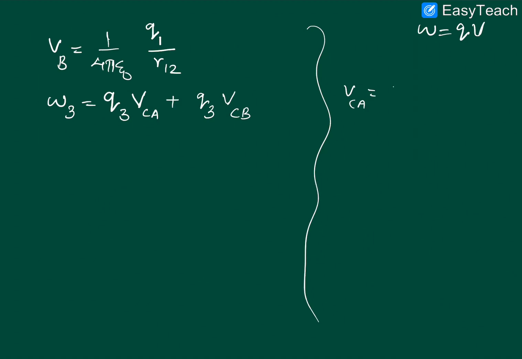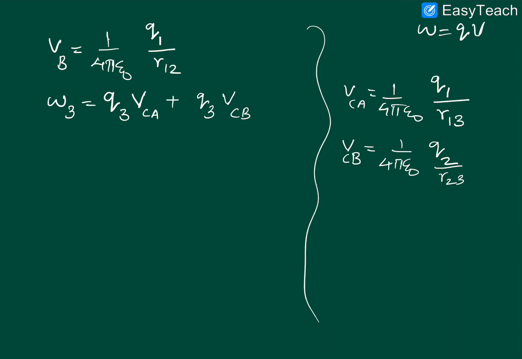It is the potential due to a point charge, 1 by 4 pi epsilon 0. Which charge is producing potential at that point? Q1. And what is the distance? R13. Now what is VCB? It is equal to 1 by 4 pi epsilon 0, which is the charge producing potential at C, that is Q2, divided by what is the distance, that is R23.